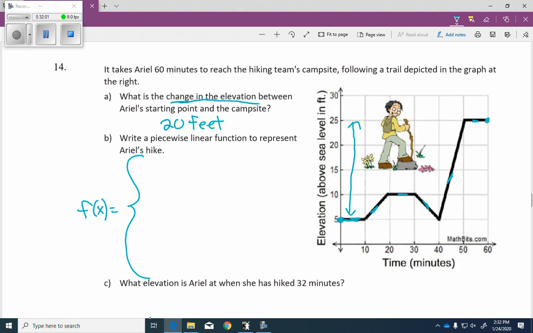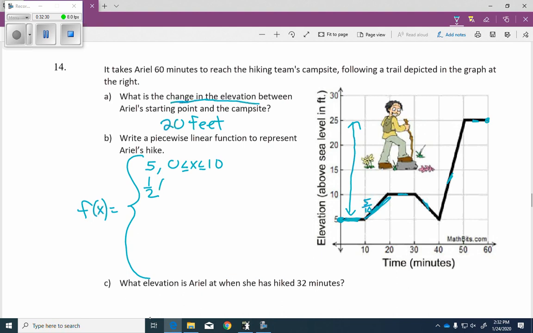First piece is horizontal at 5, and it exists from 0 to 10. The second piece has a slope that's going up 5 over 10. Up 5 over 10 is really 1/2.